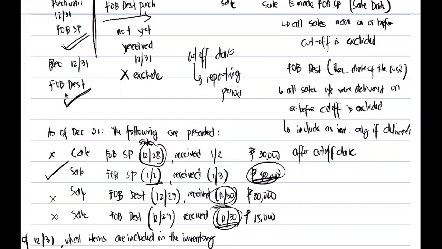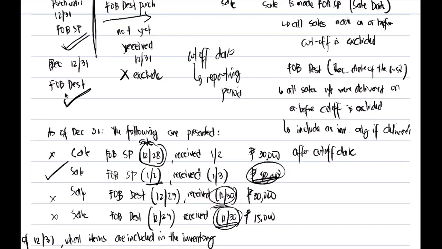Now again, if that is a sale made FOB shipping point, you just need to look at the sale date. So the date of sale, if it is made on or before cutoff, we exclude. If it is made after cutoff, you include. If that is FOB destination, you look at the date of receipt.